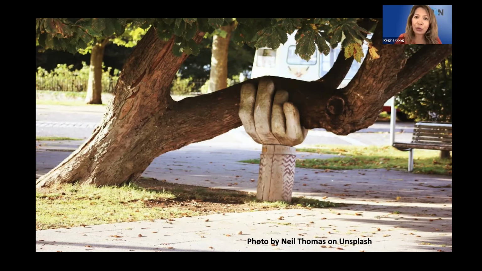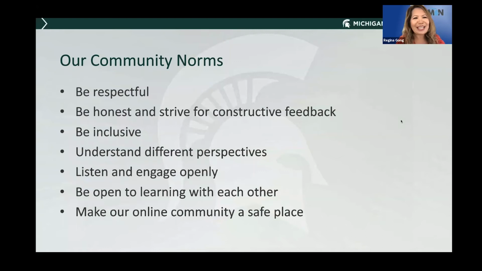And I, as the OER lead at MSU, certainly would like to learn how our faculty are incorporating not just the resources part, but also the practices part. This is really what it is about. It's a learning community and a supportive community. So next slide, please.